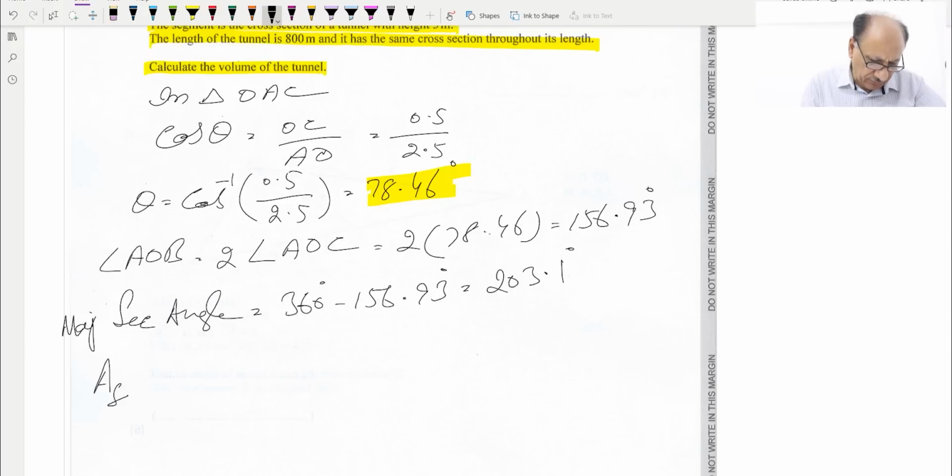Area of sector will be equal to theta over 360 times pi r squared.